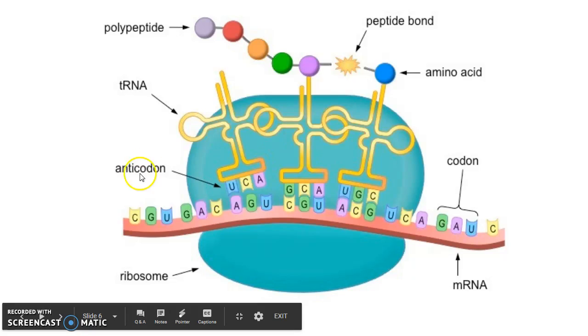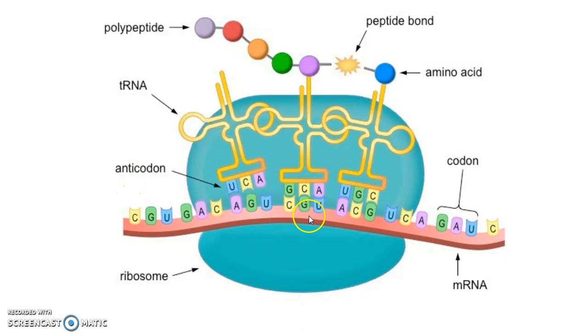If we take a closer look, here's our mRNA strand, and we see our exposed nucleotides, our bases. And remember that RNA has a U for uracil, instead of thymine. Translation occurs with the help of tRNA. tRNA carries amino acids.